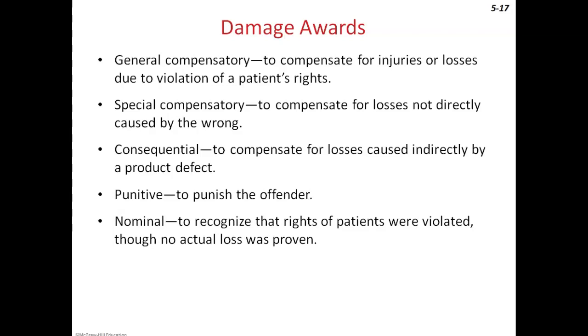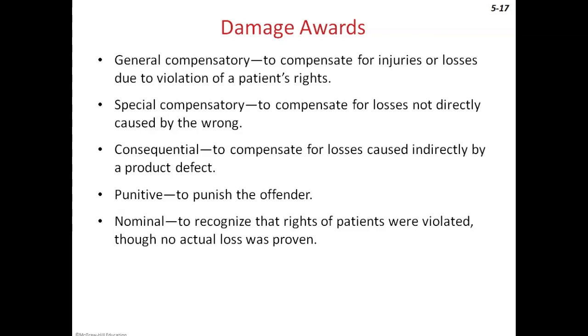The next is punitive, which is there to punish the offender. They want to know how serious was the breach of conduct and how much can this defendant afford to pay. It is there more to teach them a lesson to not have a repeat offense.